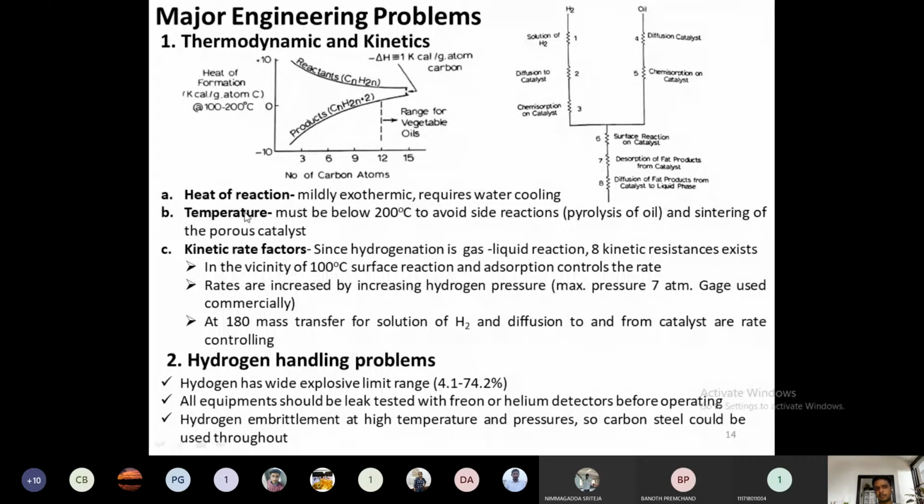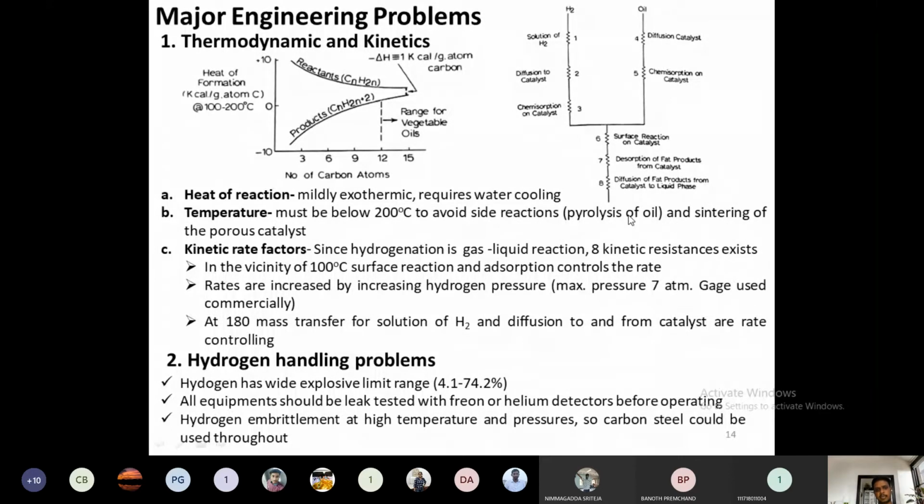The temperature must be kept below 200 degrees centigrade to avoid side reactions, one of which is pyrolysis or degradation of oils above 200 degrees centigrade. When oil is heated above 200 degrees centigrade, degradation is possible, because triglycerides will break into the respective free fatty acids. Then sintering will happen. Sintering is nothing but the destruction of the pore structure of a catalyst.